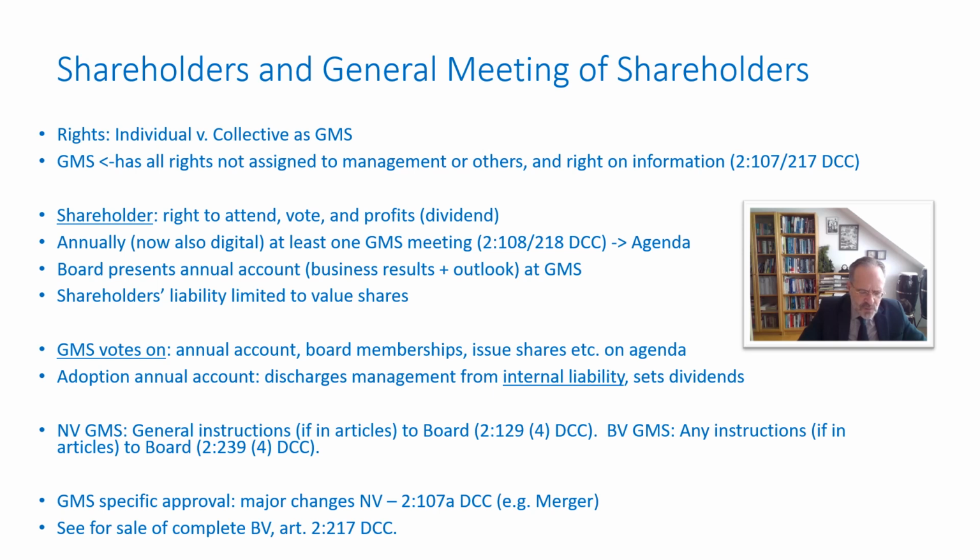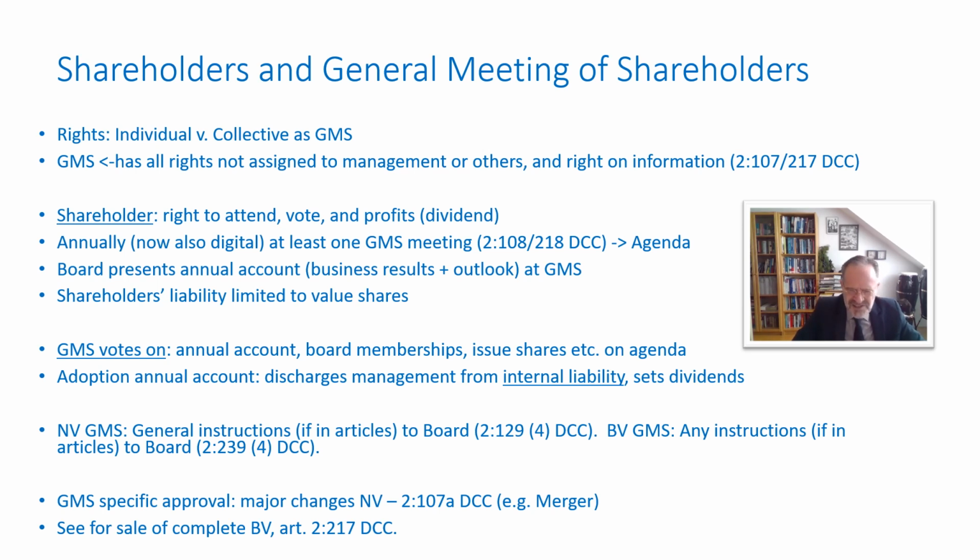And now there is one other issue to be brought in under this topic. For the NV, the law has created a specific right for the general meeting of shareholders. Normally speaking, the day-to-day operations and decisions of the management do not require approval of the general meeting of shareholders.